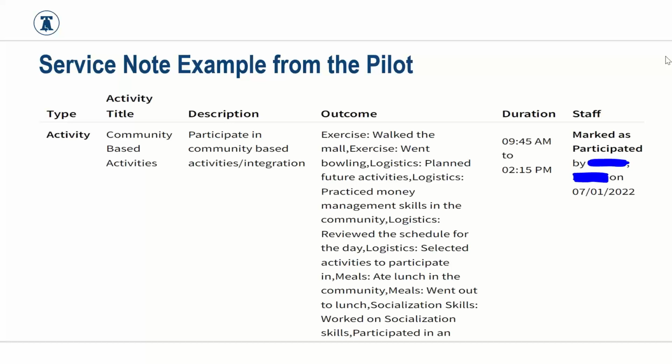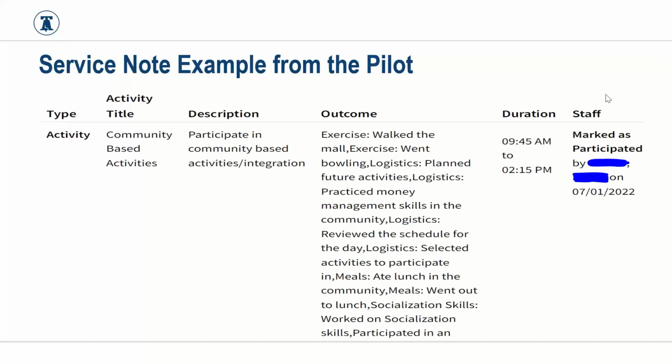So here's a real-life example of a community development service note, which indicates the activities that the person engaged in during community development service and how they were supported. It also provides the start and end time for that service and the staff member that provided it. So this is a good example of the kind of documentation that you could include in a service note.